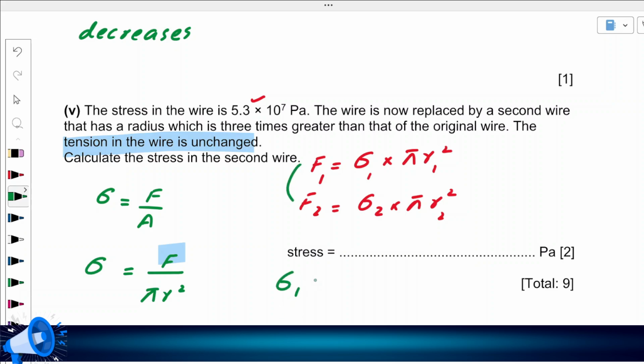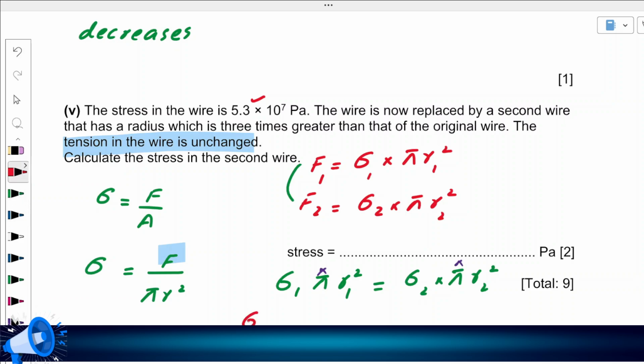So sigma, which means stress, pi r, this thing equals to the second stress, sorry, the second force. Anything which is common would be eliminated. So sigma 1 times r1 square equals sigma 2 times r2 square.